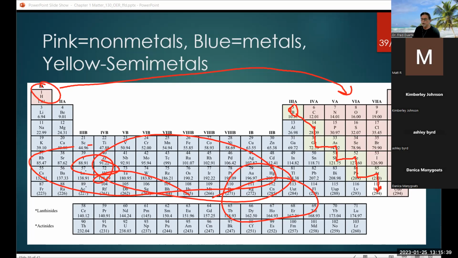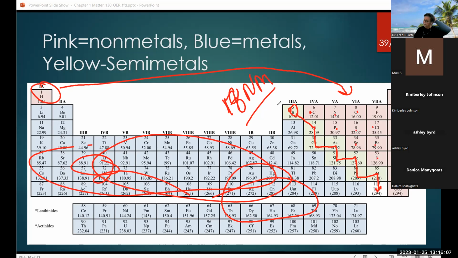We have 1, 2, 3, 4, 5, 6, 7, 8, 9, 10, 11, 12, 13, 14, 15, 16, 17 non-metals. Oh, excuse me, 18. I forgot to count hydrogen. 17 non-metals, okay, and then we got 1, 2, 3, 4, 5, 6, 7, 8, 9 metalloids, and then what's left are the metals, okay?